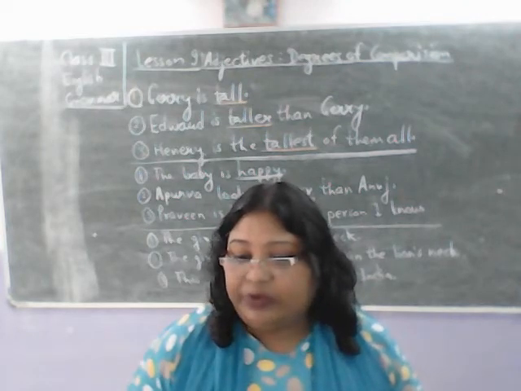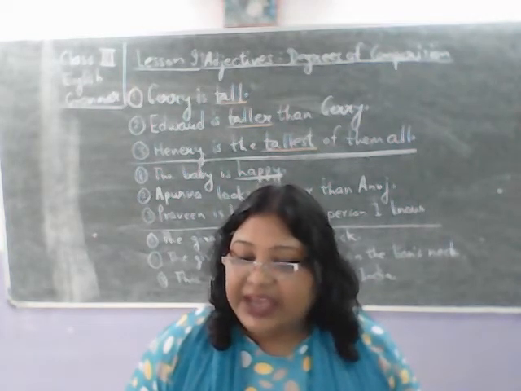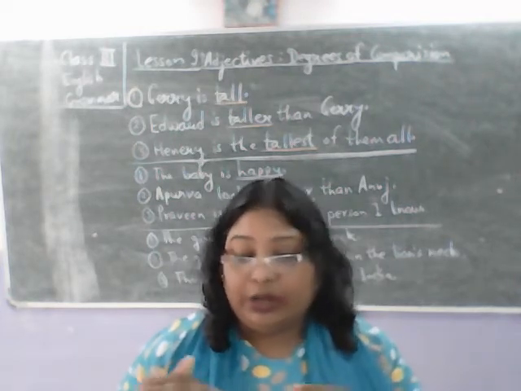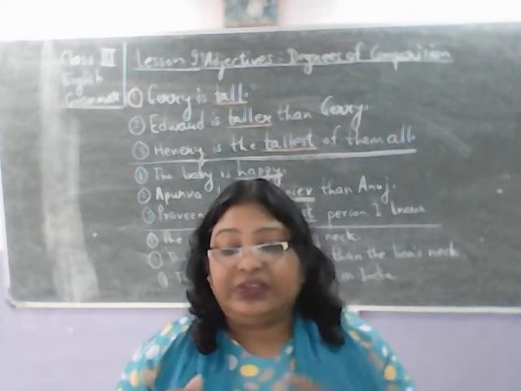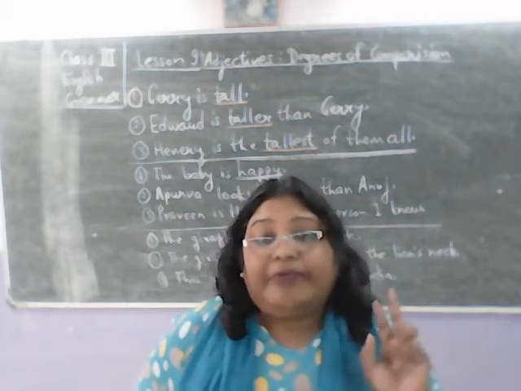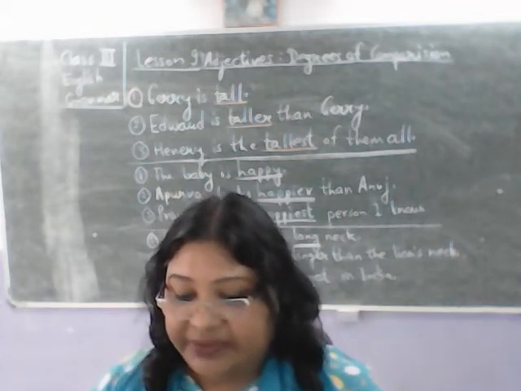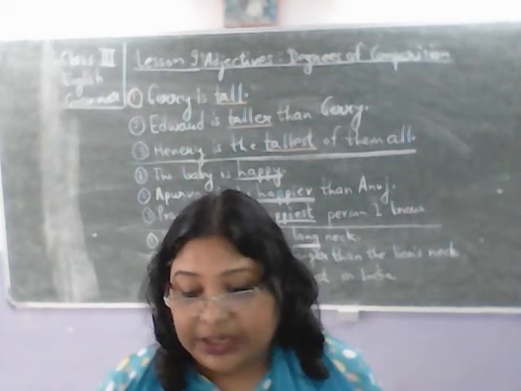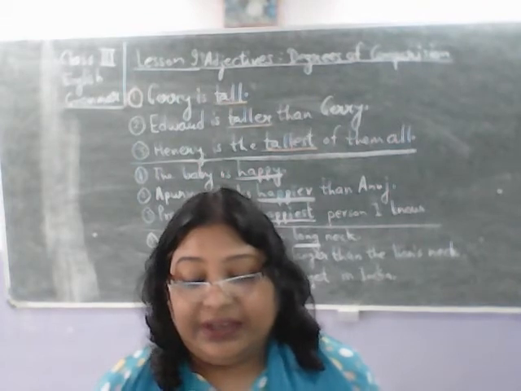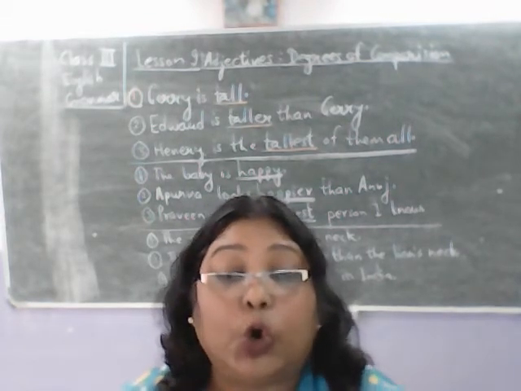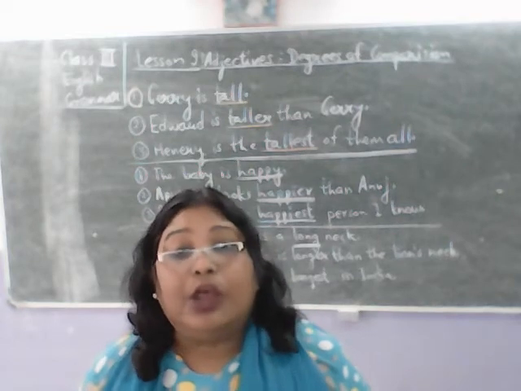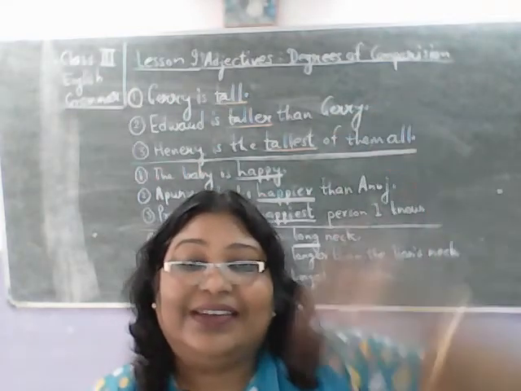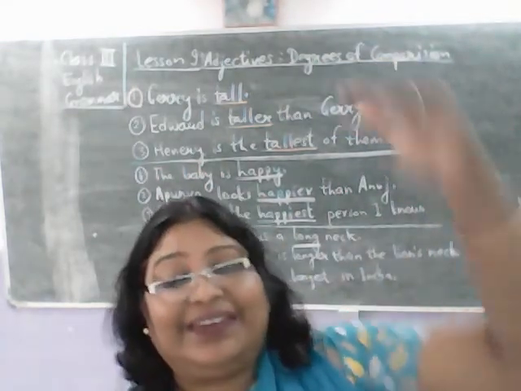The first is, to compare two things, we add er to the adjective. For example, high, higher, cold, colder, smooth, smoother. When we compare more than two things, we add est. For example, short, shortest, small, smallest, cold, coldest, long, longest, tall, tallest, high, highest, like this.